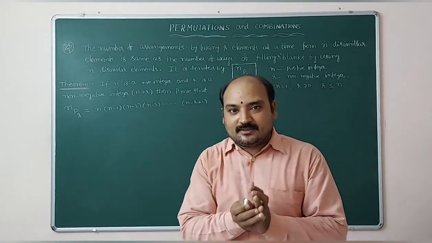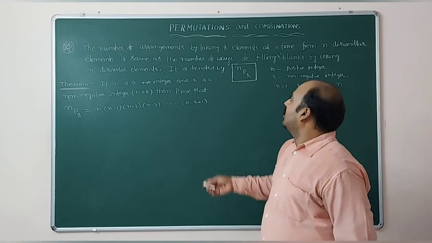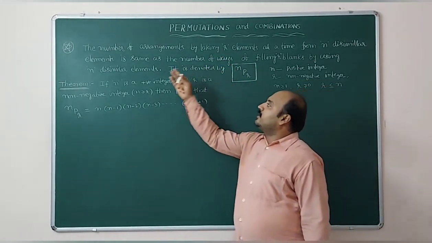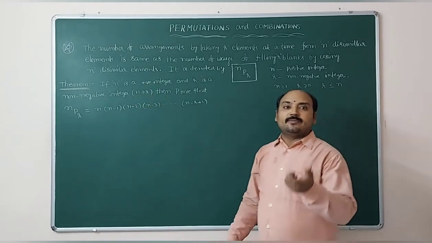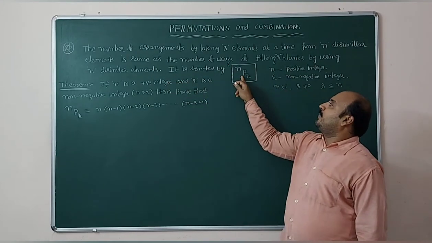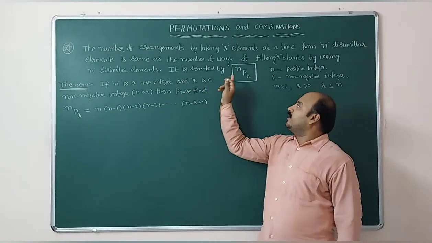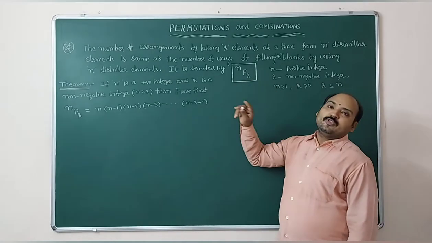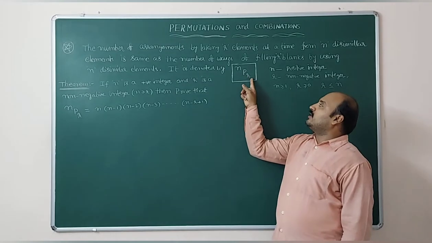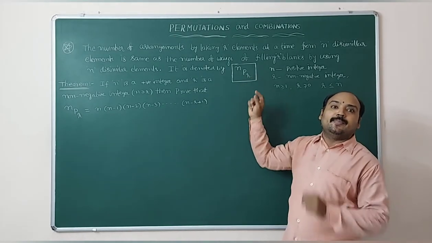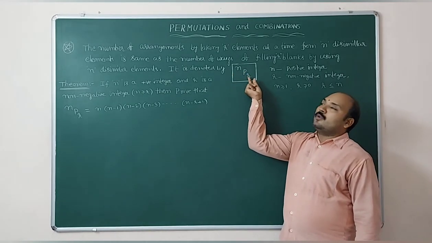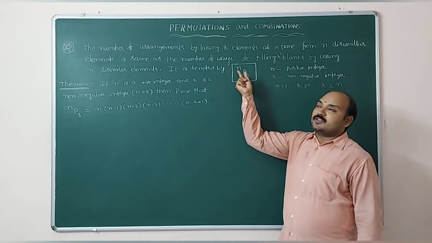Out of n things, the arrangements of r elements at a time from n dissimilar things is denoted by nPr. That means from n things we are permuting r things at a time. This is the meaning of nPr.